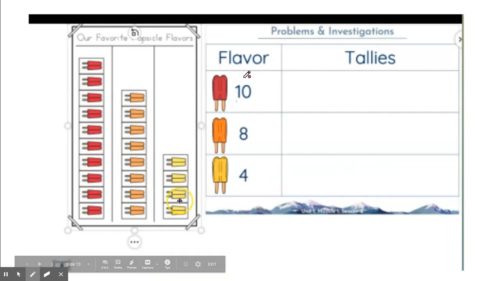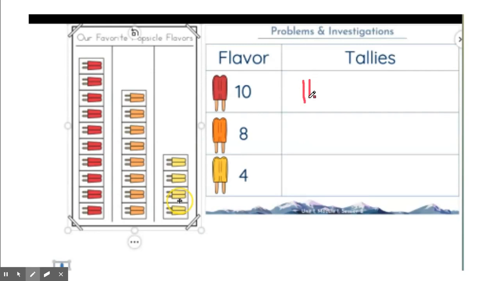So if I'm going to group these 10 cherry popsicles into groups of 5, I can do it like this. Watch. 1, 2, 3, 4, stand tall, and the 5th takes a fall. So that's a 5.